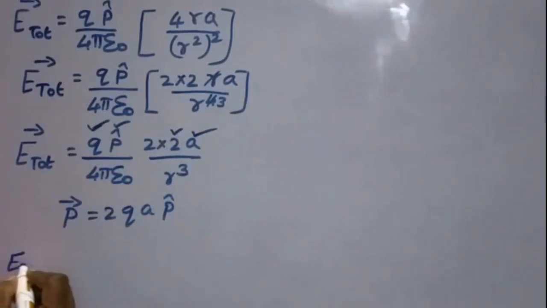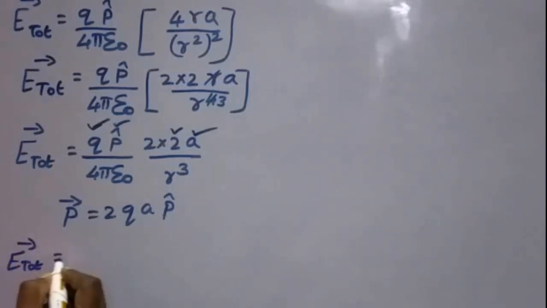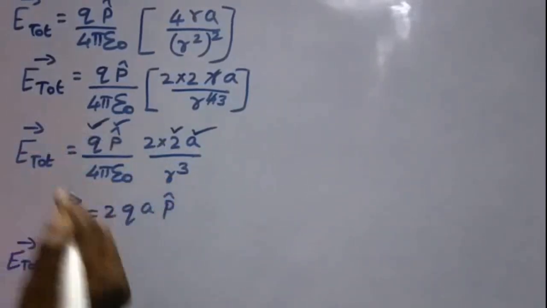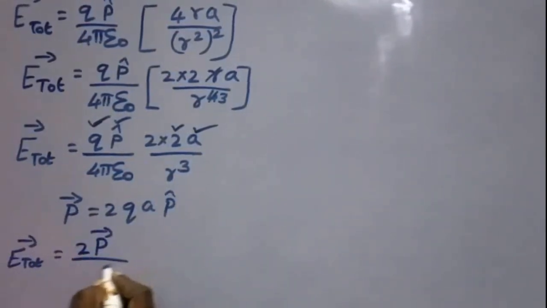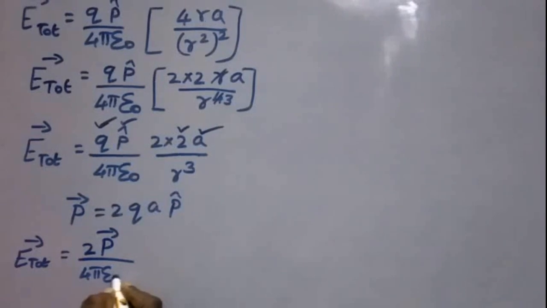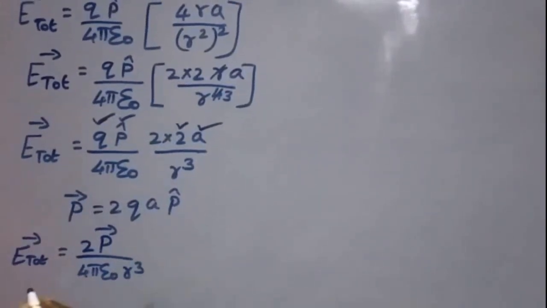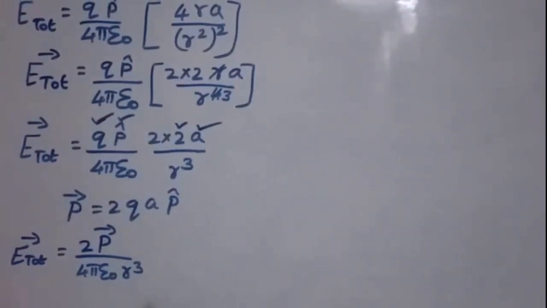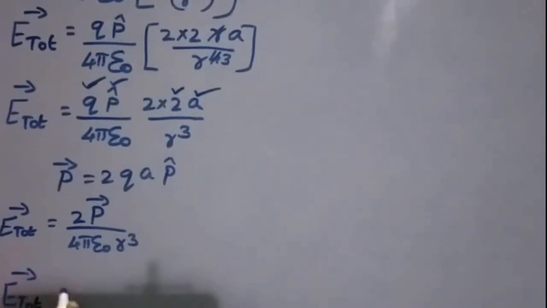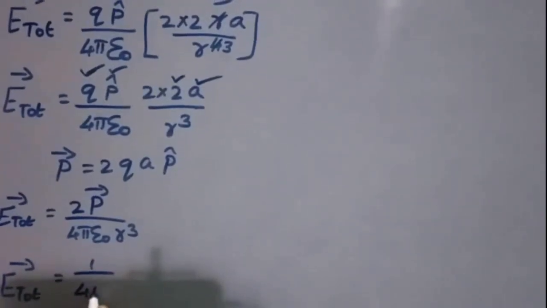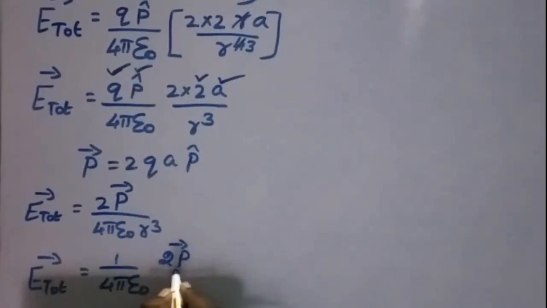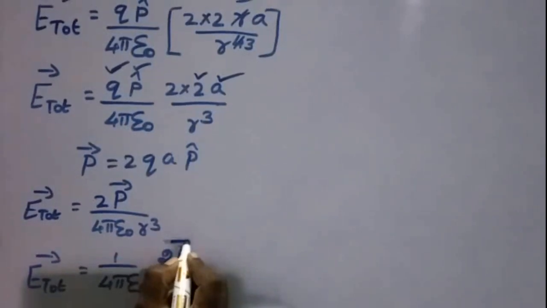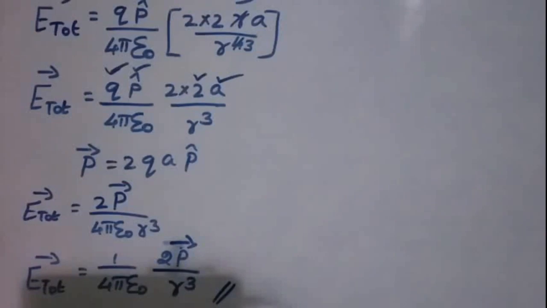So E total vector equal to, what are the remaining? 2 into p vector divided by 4 pi epsilon 0 r cube. Otherwise E total vector equal to 1 by 4 pi epsilon 0 into 2p vector by r cube. This is our final relation.